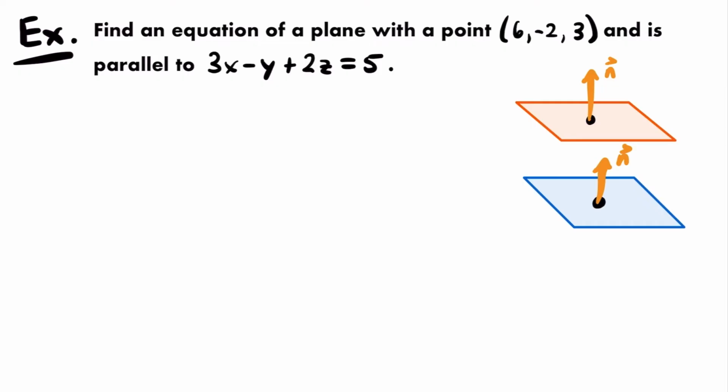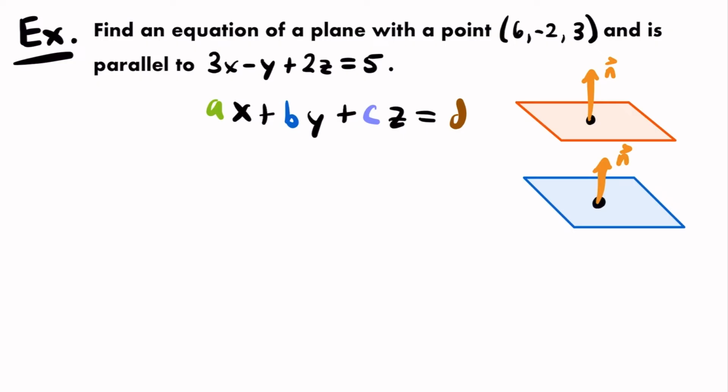But regardless, what we can do here to find the equation of this plane is just use the normal vector from the plane parallel to it. And if you think about the general form of the equation of a plane, we have a times x plus b times y plus c times z equal to some constant d.